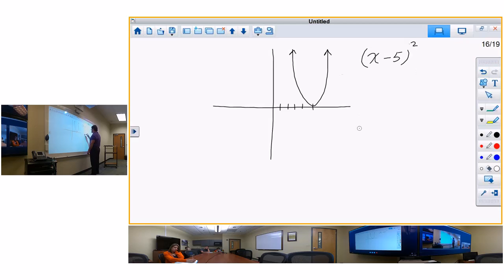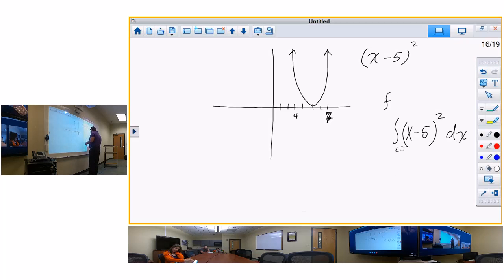So f of x, our antiderivative, and we can't do that now. Well, we can. Yes, we can. X minus 5, quantity squared, dx from, we know this is 5, so let's go from 4 to what? 4 to 7.